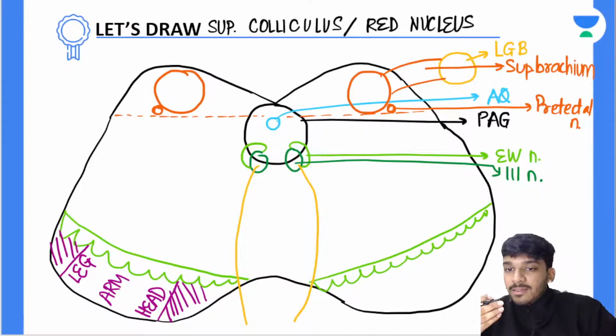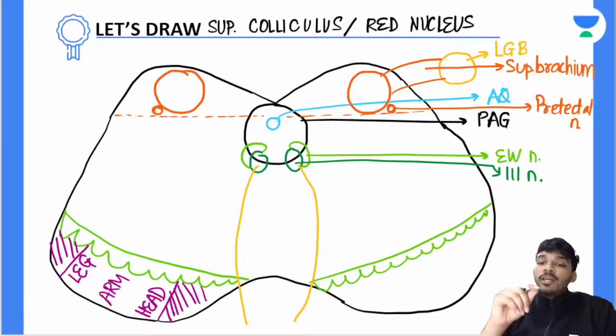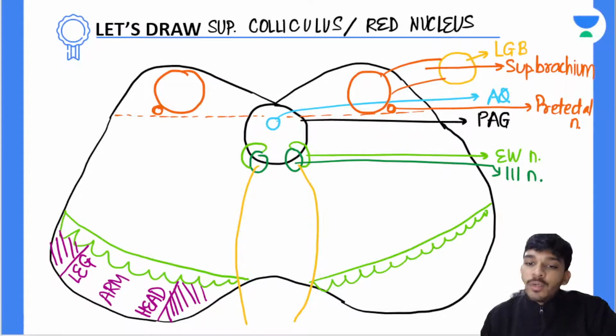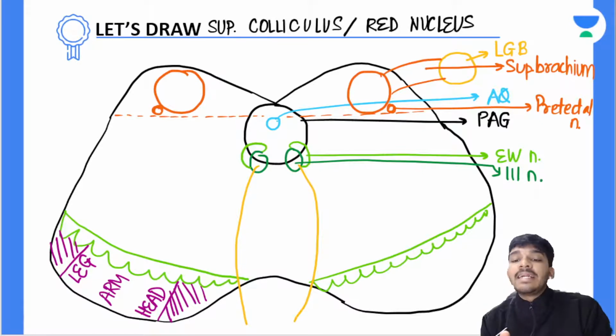It is going to receive afferents from the optic tract, and it is going to give efferents to the Edinger-Westphal nucleus. Okay, and it is very important for the light reflex. When I teach you in physiology about light reflex and consensual light reflex, that is direct and indirect light reflex, you will understand what is its importance.